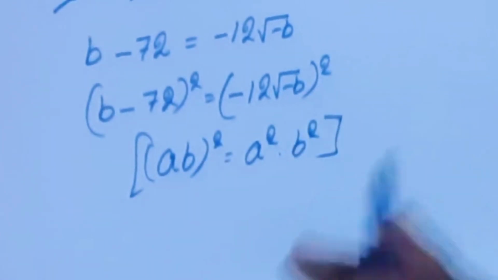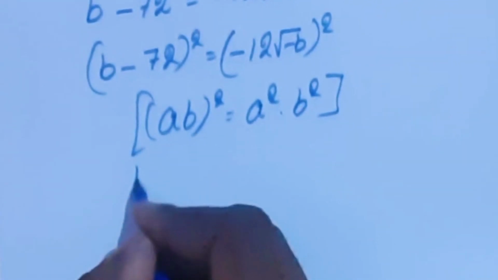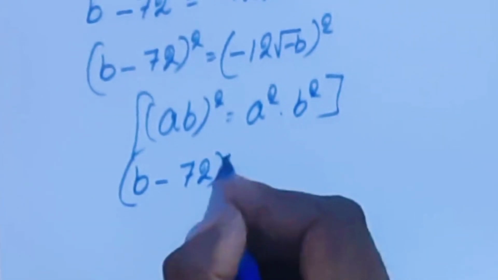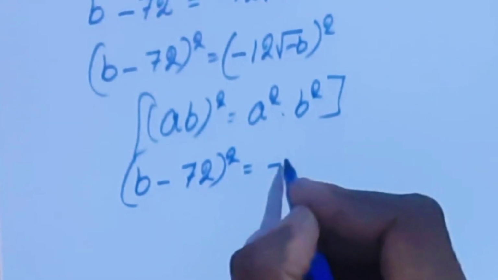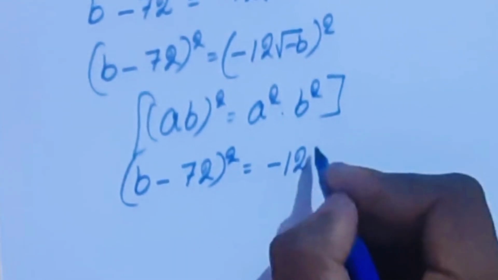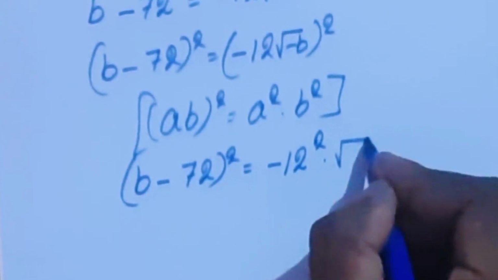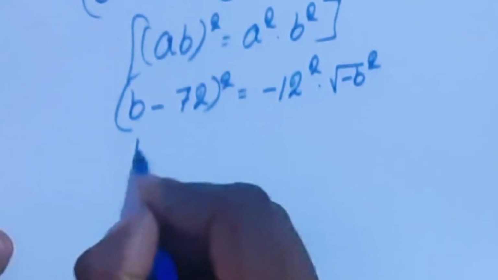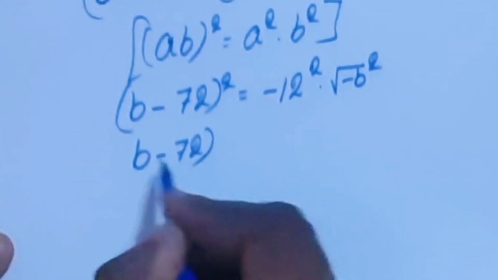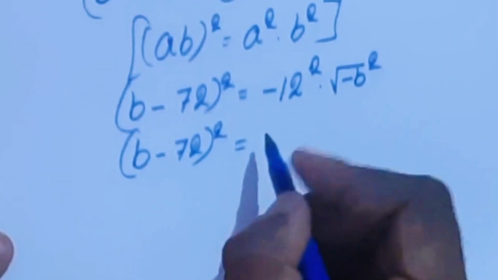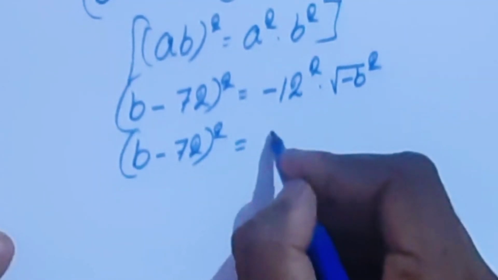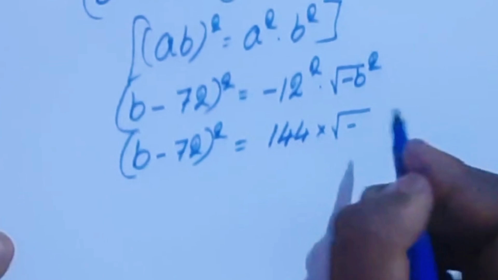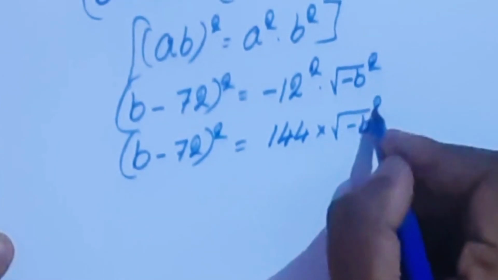So we'll get b minus 72 whole square equals minus 12 square times square root of minus b square. Now b minus 72 whole square equals 144 times square root of minus b square.